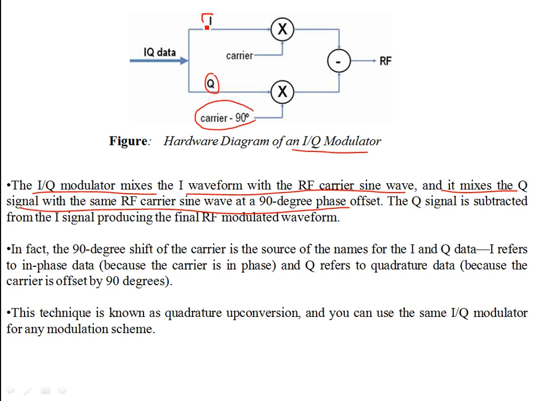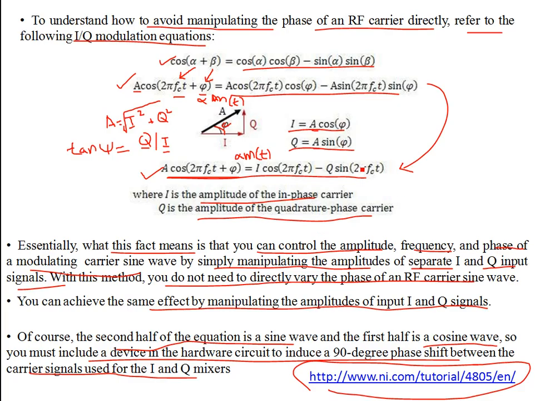So the I signal mixes with the in-phase carrier, Q mixes with the carrier which is offset by 90 degrees, and the Q signal is subtracted from the I signal, producing the final RF modulated waveform, just like over here. So you're subtracting this from the in-phase part to produce the modulated RF carrier.